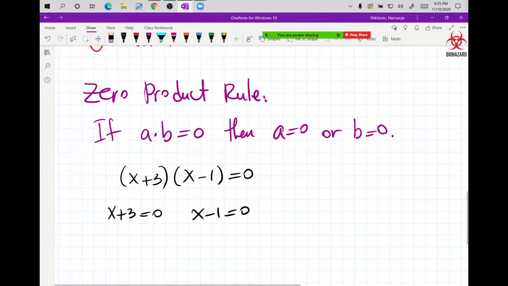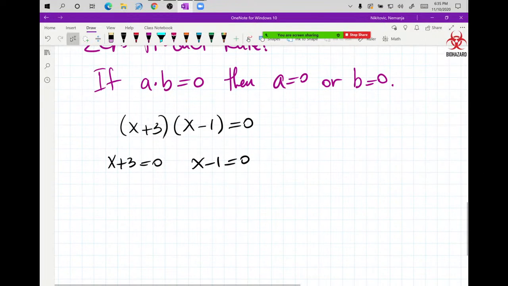So that's also something worth mentioning, that we can have more than just A and B. We can have as many of these parentheses and constants as we want. So if for some reason you need 20, well, it can be done, right? Just A times B times C times D times E, right? You go through the first 20 letters of the alphabet. But as long as one of them is 0, everything goes to 0. So you can literally have any one of those. I'm going to write that here as a rule.